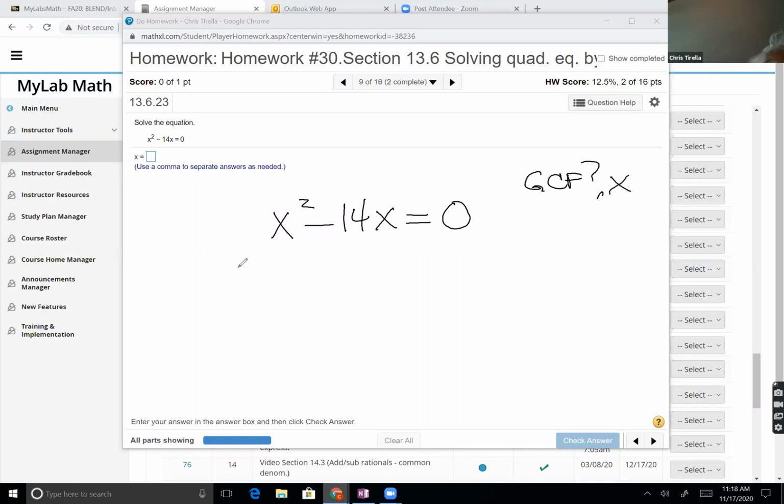And so I'm going to take out that common factor of x, which will leave me with x minus 14. And then from here, is everybody all right finishing this on your own by setting each factor equal to 0? Do that and tell me what you get for solutions.